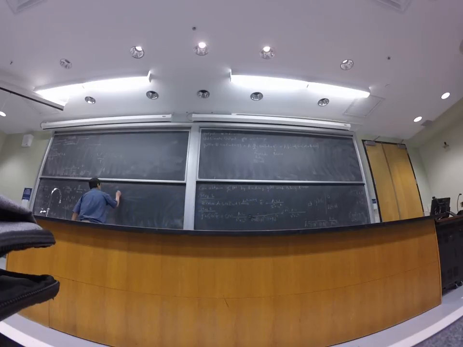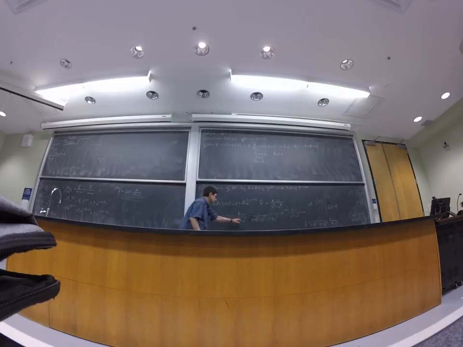Y prime bar is G of s times A omega over s squared plus omega squared, right? Let's write H without the time delay.